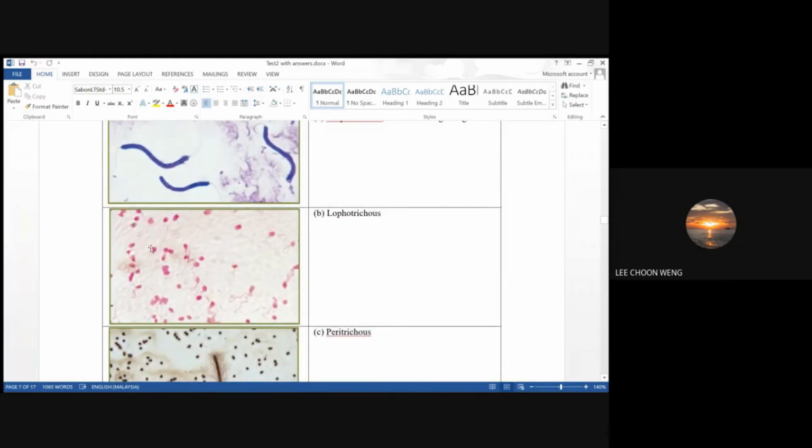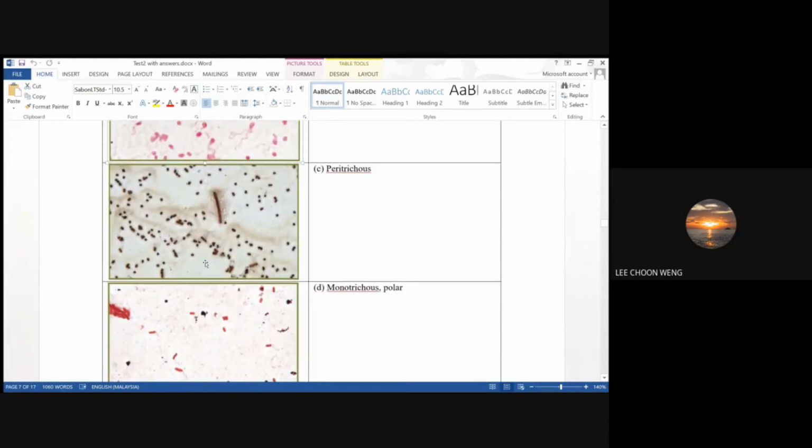Flagella staining is technically quite difficult because sometimes the flagella breaks, so you don't see any flagella. It will very rarely be evenly distributed, so you have to take a general overview of your slide. From here you can say it's a lophotrichous.